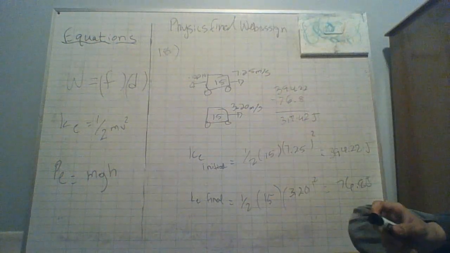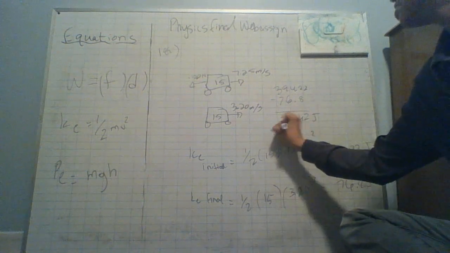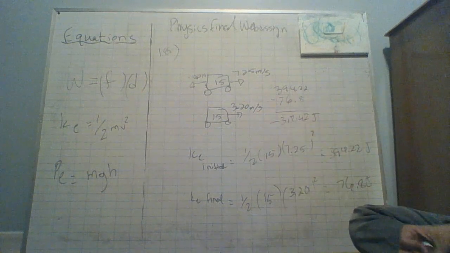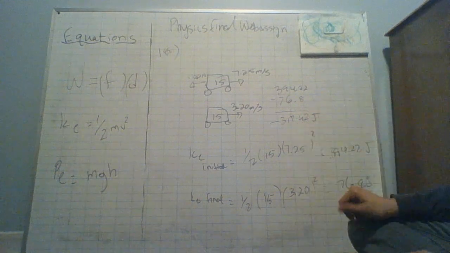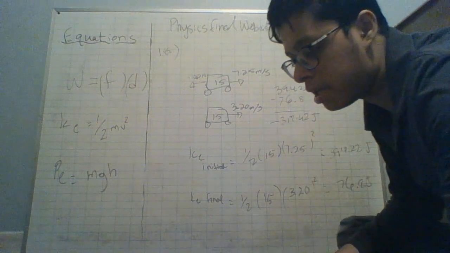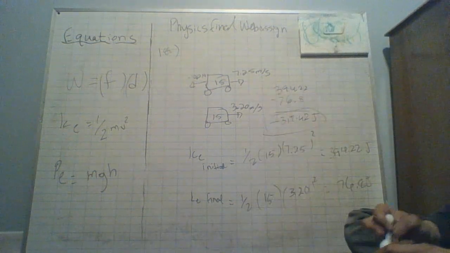We have to remember, this is not positive 317.42. This is negative 317.42. Why? Because the joules went down. It didn't go up. It didn't gain 317, it lost 317. So we're going to put a negative in front of that. That's the answer for part A. We circled that, that's the answer for part A.